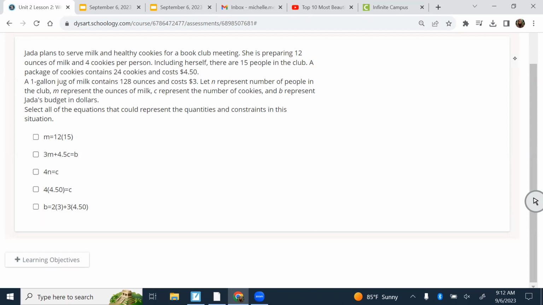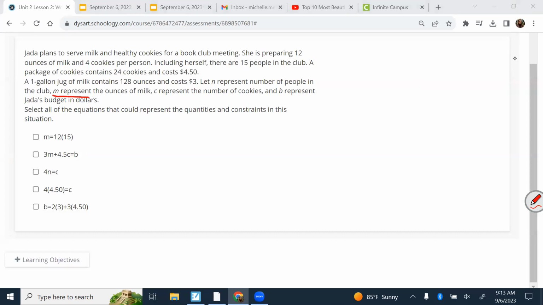So remember, constraints are what? Things that are limited. And then I think quantities would just be the things that we could actually figure out. So the M, like I'll just go down the list, is for ounces of milk.